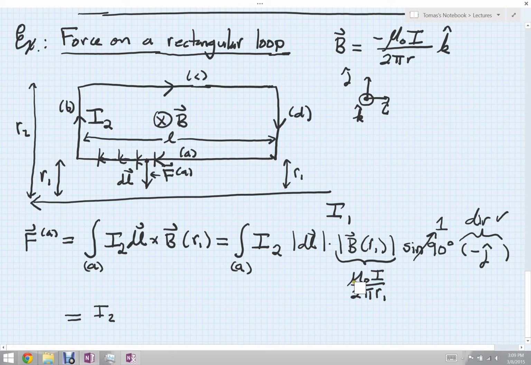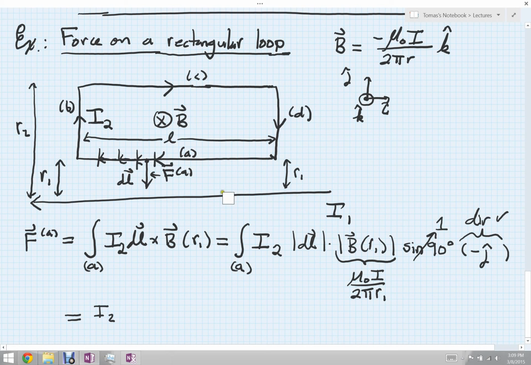Ooh, but we better be careful. Notice I didn't include the proper subscript. This is a generic formula for magnetic field, but we have to remember this is the magnetic field coming from somewhere. This magnetic field is coming from the flow of this current I1.